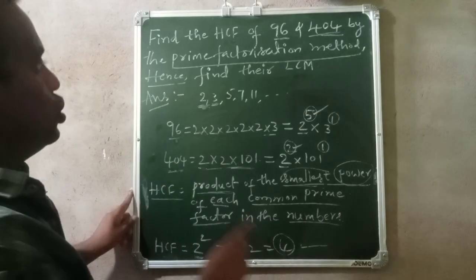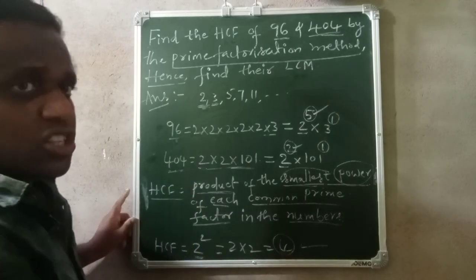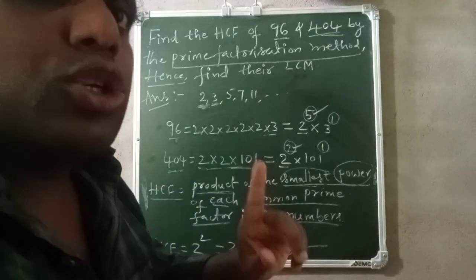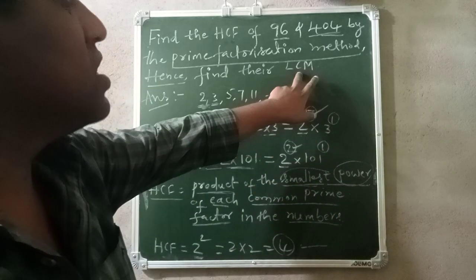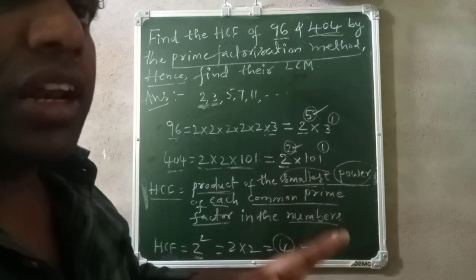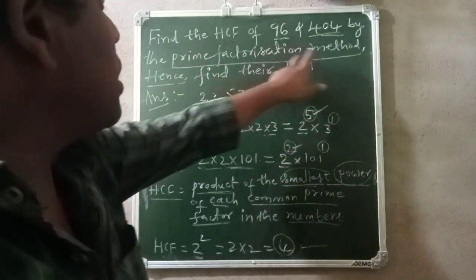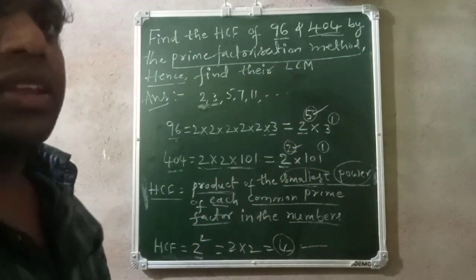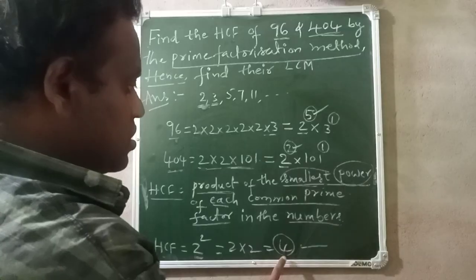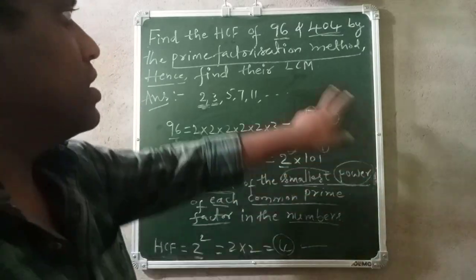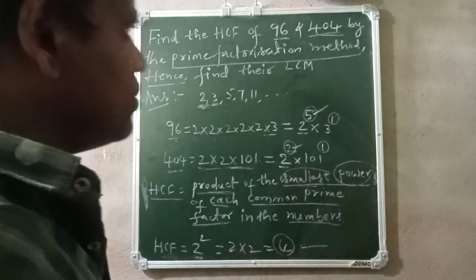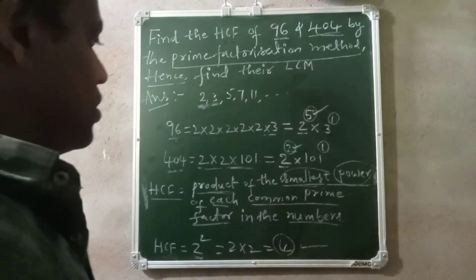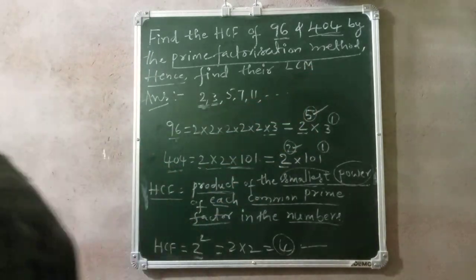That means using HCF and a formula, find LCM. They are not telling find LCM using the prime factorization method. They are telling use HCF and the formula to find LCM. So that is the meaning of hence. So we will find LCM using this HCF.